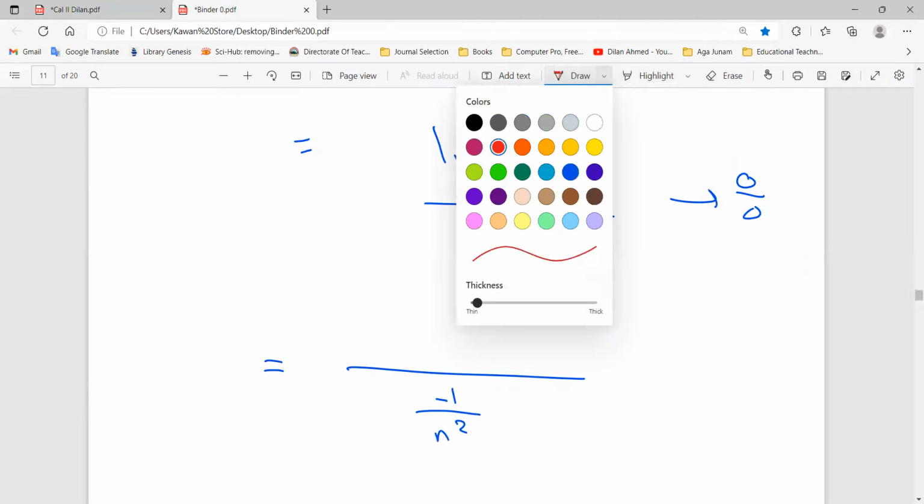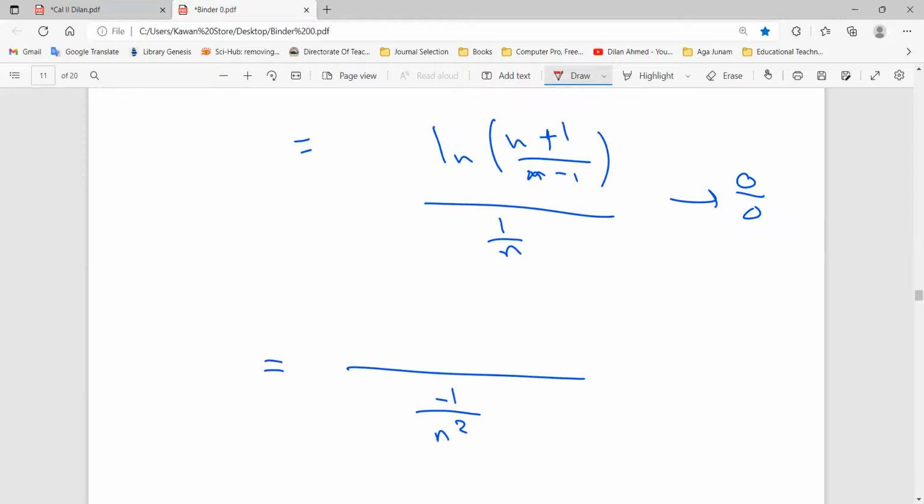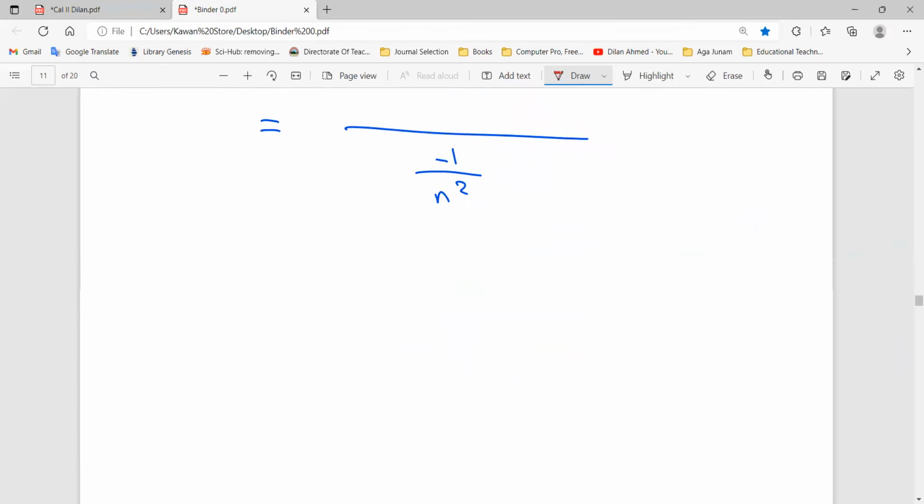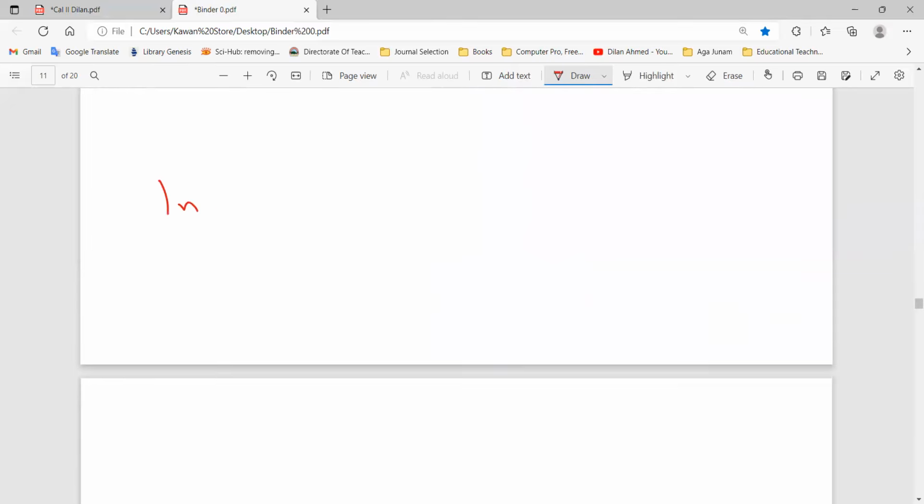By the quotient rule. Thank you. So it's equal to what? Before that, tell me about ln of u. The derivative of ln of u is equal to what? 1 over u times u prime, right? So how about the derivative of 1 over u, it is equal to what?